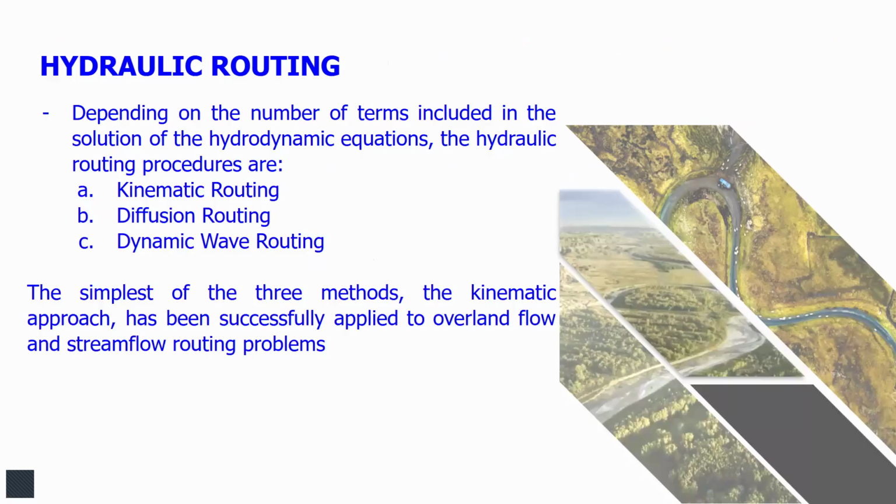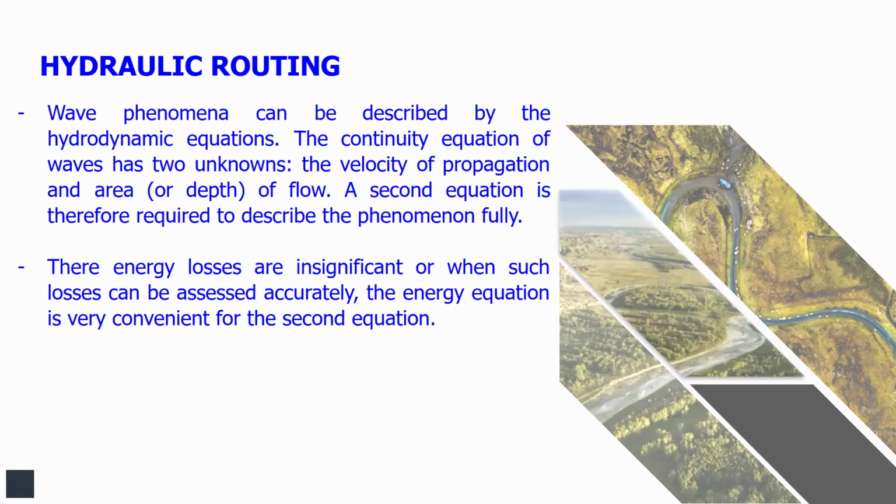The next is hydraulic routing. Depending on the number of terms included in the solution of the hydrodynamic equations, the hydraulic routing procedures are kinematic routing, diffusion routing, and dynamic wave routing. The simplest of the three methods is the kinematic approach, which has been successfully applied to overland flow and stream flow routing problems. Wave phenomena can be described by the hydrodynamic equations.